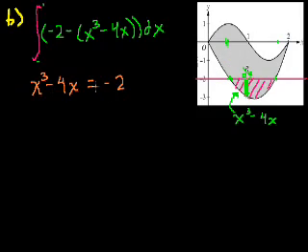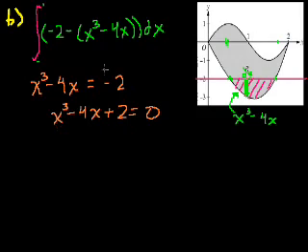So we just set them equal to each other, and if we wanted to write this as a proper polynomial expression, we would get x to the third minus 4x plus 2 is equal to 0. I actually just tried to record a video where I was doing this on the fly, and I kept staring at this, thinking, boy, this is a hard polynomial to factor. I kept trying to guess numbers.